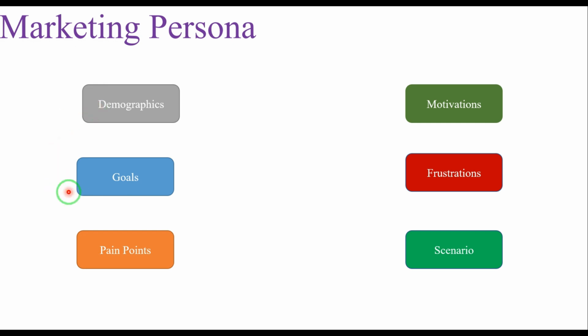We should include the goals, which means the primary objectives the user is trying to achieve by using the product or service, pain points, challenges or problems that the user faces which the product or service aims to solve, motivations, factors that drive the user to use the product or service, frustrations, issues or obstacles that cause dissatisfactions or hinder the user experience.